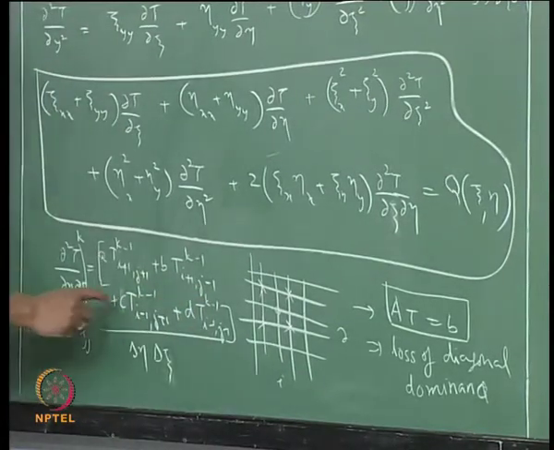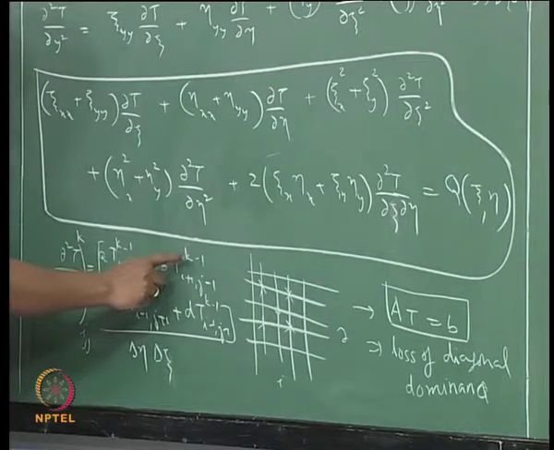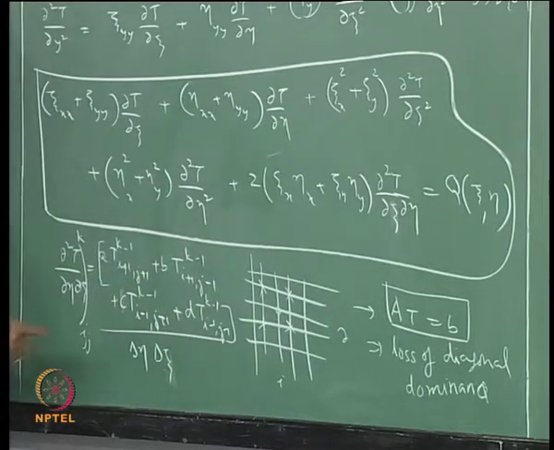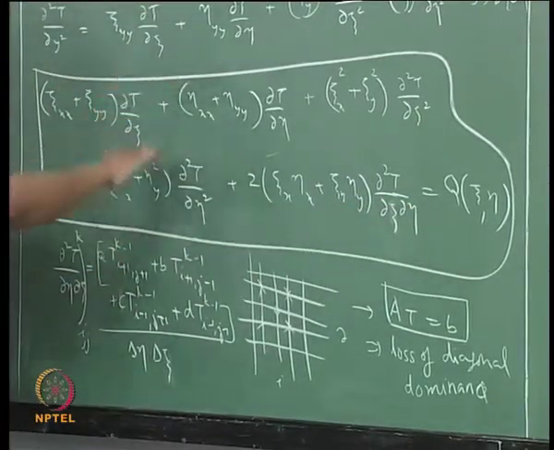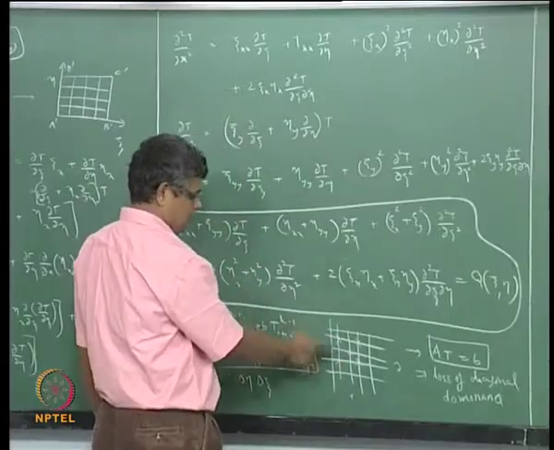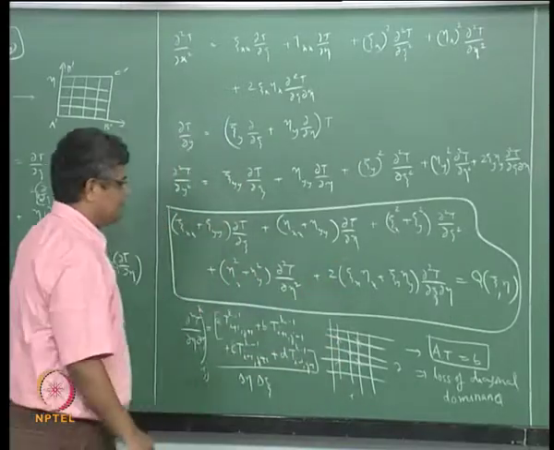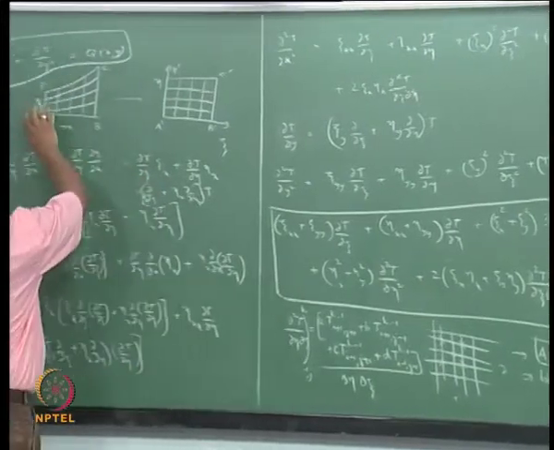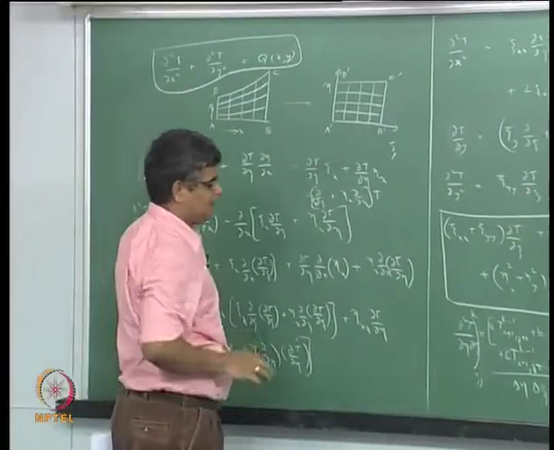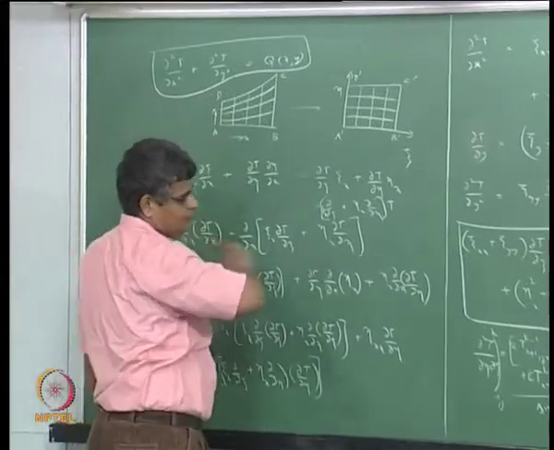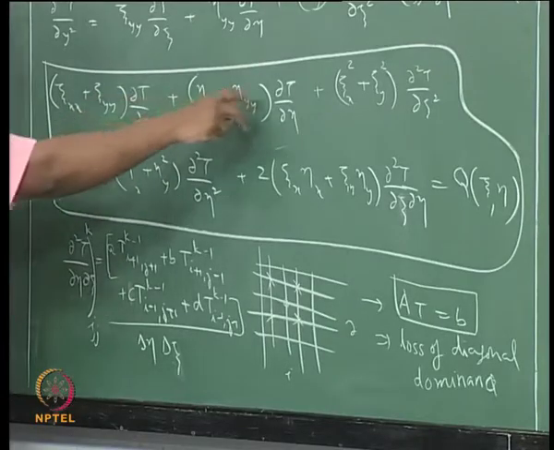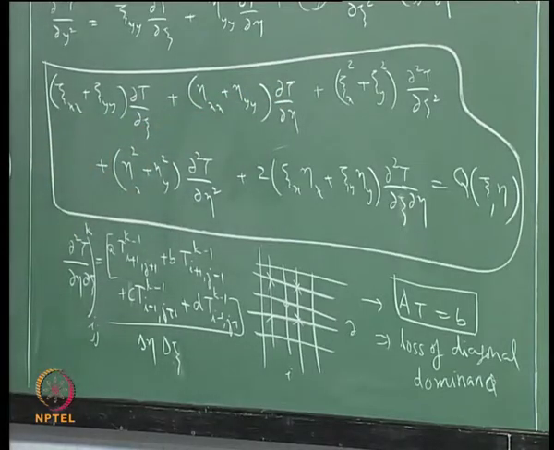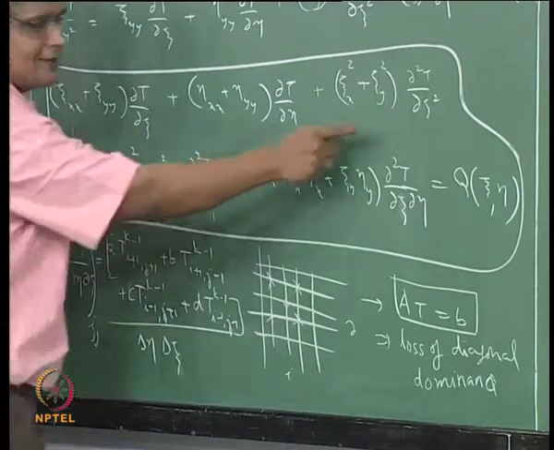And since all these T k minus 1 are known at all i, j from the previous iteration, this will go to the right hand side. In the discretization here, you will have only terms which will be contributing to i comma j, and here we have normal derivatives appearing. And here we have something like the advection term also coming in. So, this is the first derivative and this is the second derivative.